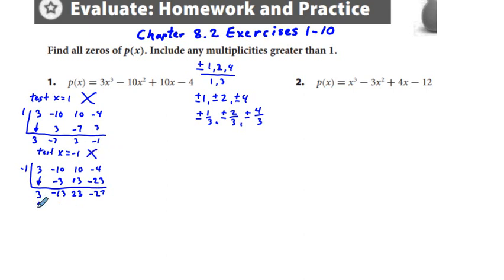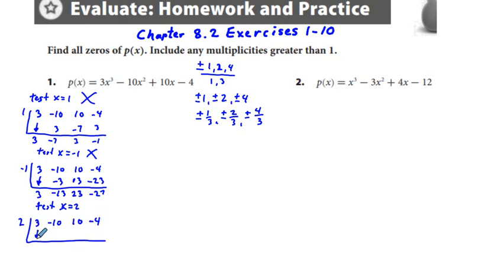Now we're going to test x equals 2. I hope we catch one of these soon here. We're going to bring 2 on the outside, and then 3, negative 10, 10, and negative 4.